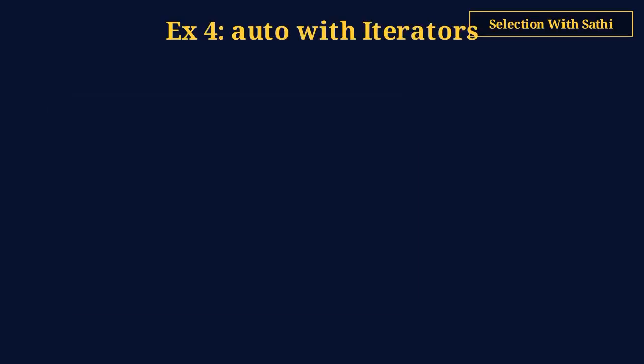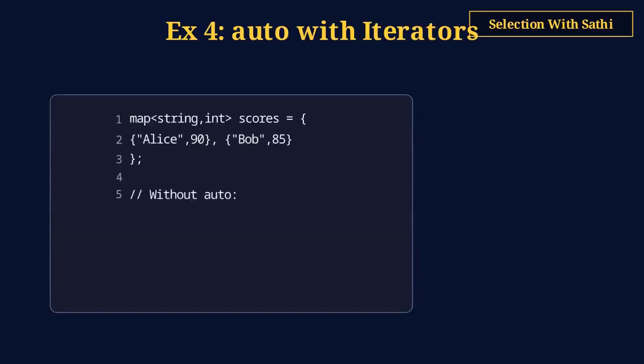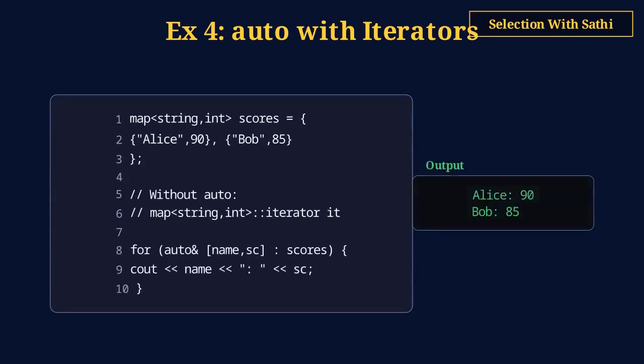Fourth example, range-based for loop. We have a vector of integers 10, 20, 30, 40, 50. For (auto n : nums), this copies each element into n, modifying n doesn't affect the vector. For (auto &n : nums), this gives a reference to each element.